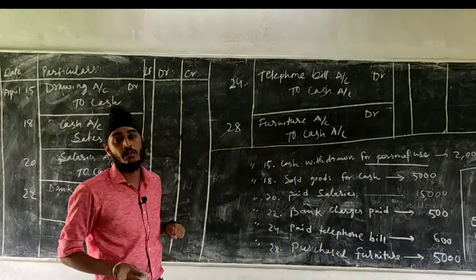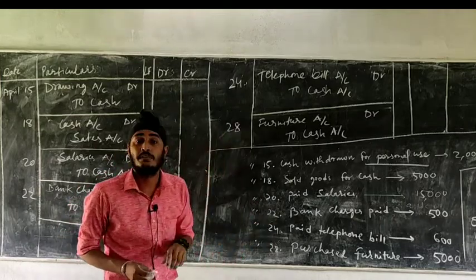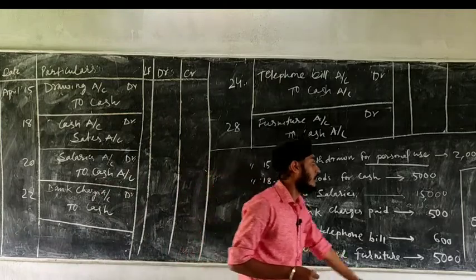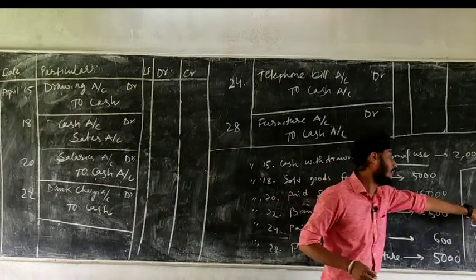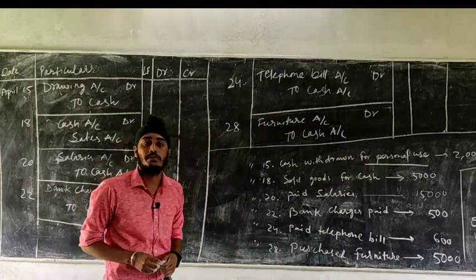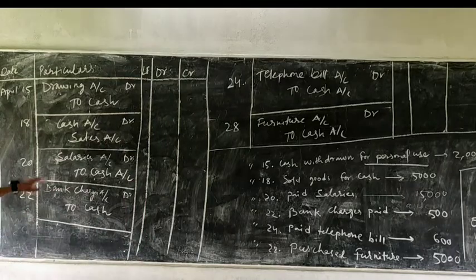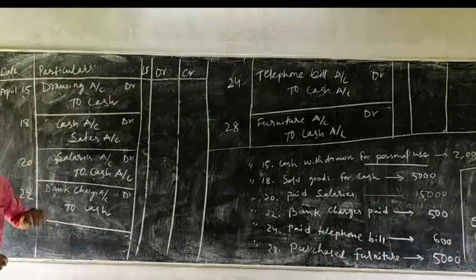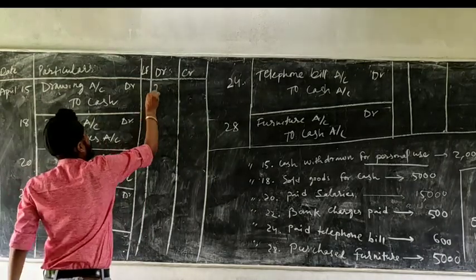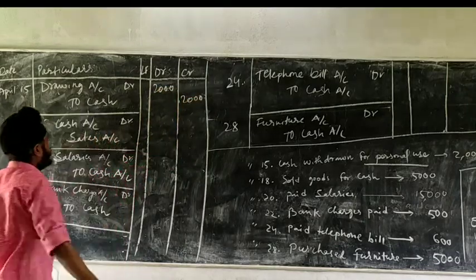Cash will decrease, so cash will become credit. As we know, when cash goes out, it is credit. So cash will be credit and drawing account will be debit. Remember students, drawing account is always debit. So it will be drawing account debit to cash. The amount is 2,000, on debit side and on credit side.